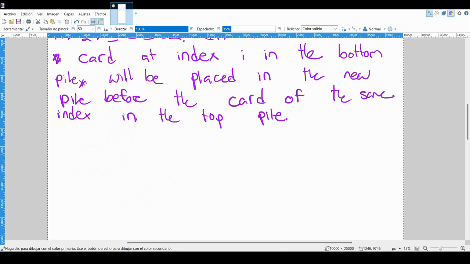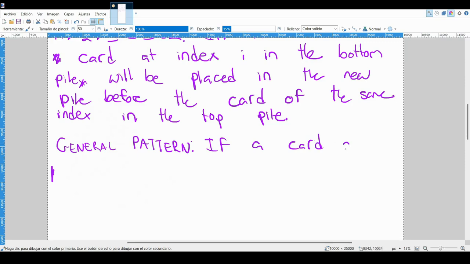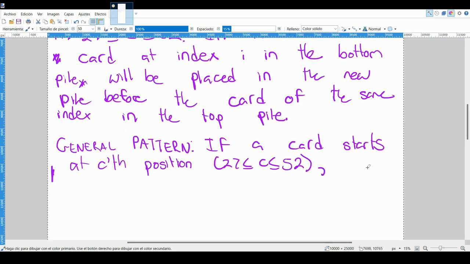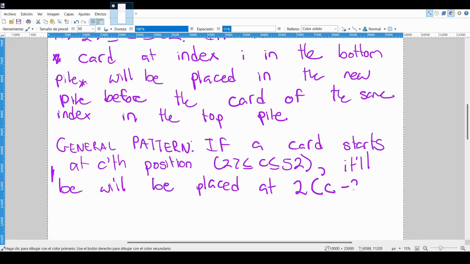So the general pattern that we are detecting here is that if a card starts at the Cth position, in this specific case where 27 is less than or equal to C, less than or equal to 52, it will be placed at 2 times C minus 26 minus 1 in the new pile.